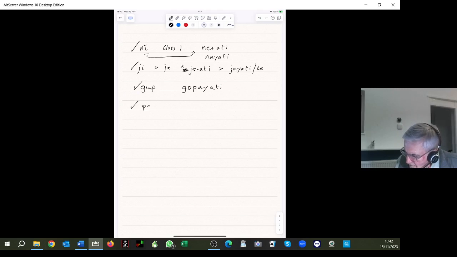Root pa, it's a little bit irregular because it makes its present stem in piba. So pibati. You see that in the Latin, bibere. But the root is pa, and that is from this root pa that you get patra, meaning a bowl, but originally patra, pa to drink, patra, something you drink with, a tool for drinking.